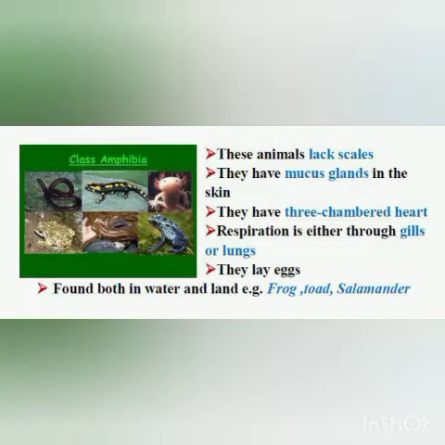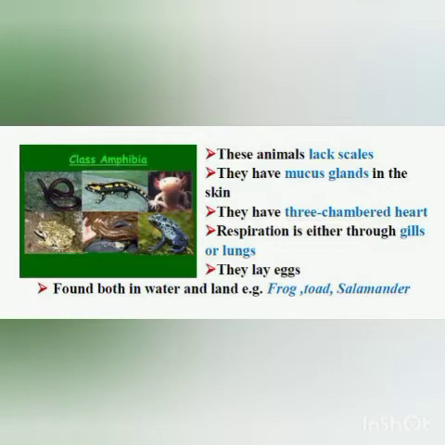They have a 3-chambered heart, means the heart is divided into 3 parts. Respiration is either through gills or lungs. They respire through gills when they are in water, and when they are on land they respire through lungs. They lay eggs, and they are found both on land and in water. Examples are frog, toad and salamander.